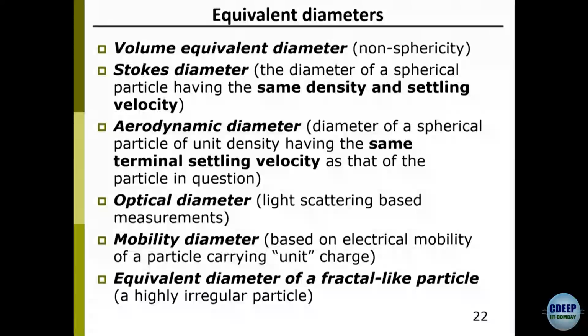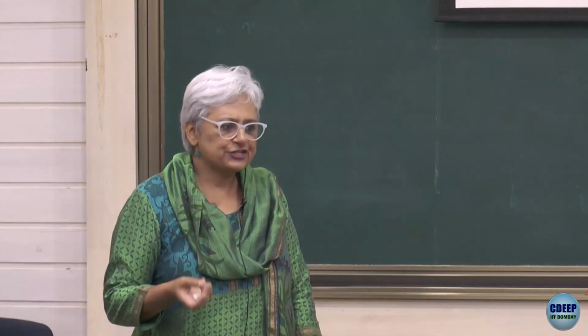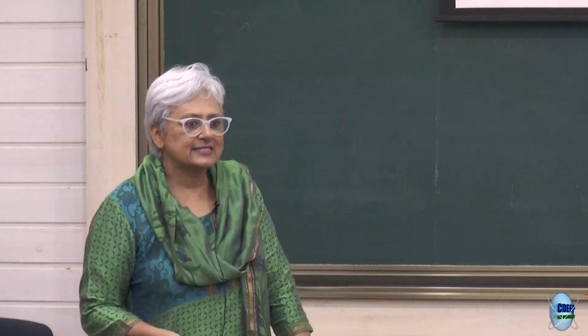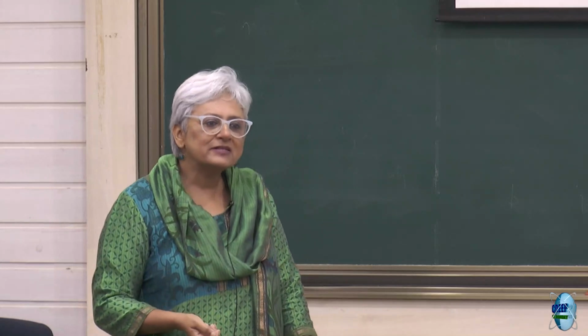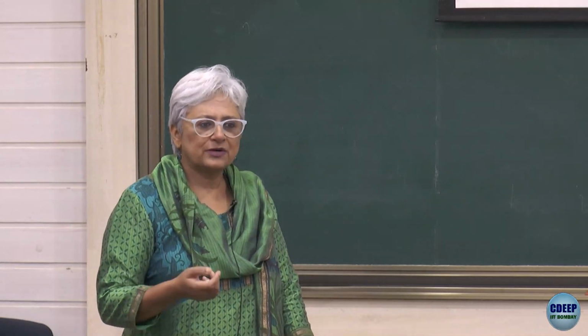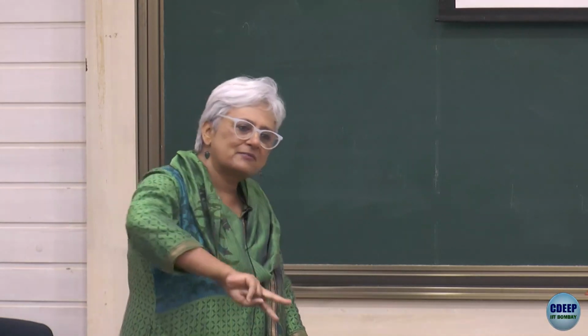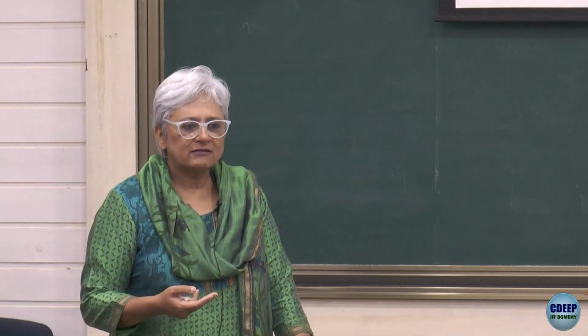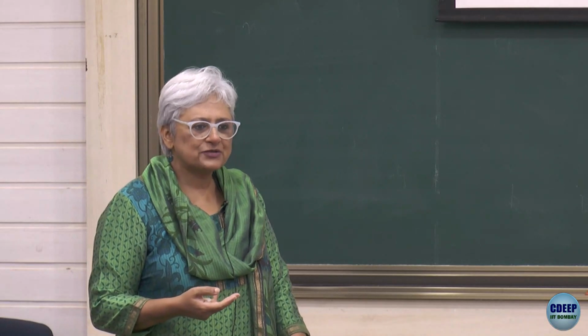The Stokes diameter is the diameter of the spherical particle having the same density through. Filtration is also based on the same, but with impaction you could get sizes. But to get numbers, there's also another instrument that combines electrical along with impaction called an electrical low pressure impactor.